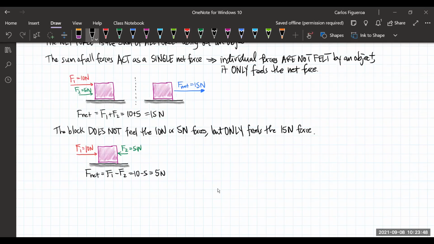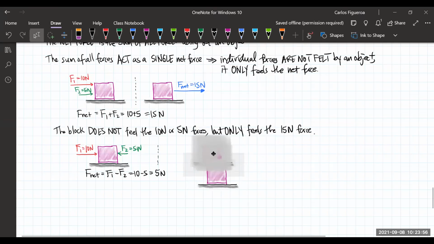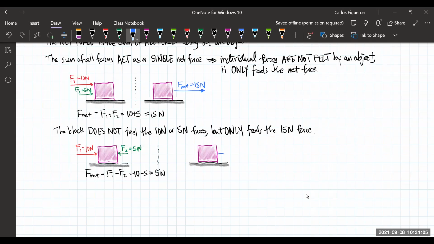The net force is actually 5 newtons. If I look at this block, what does it feel? It doesn't feel the 5 or the 10. It only feels the net force, and in this case, it feels 5 newtons going to the right.